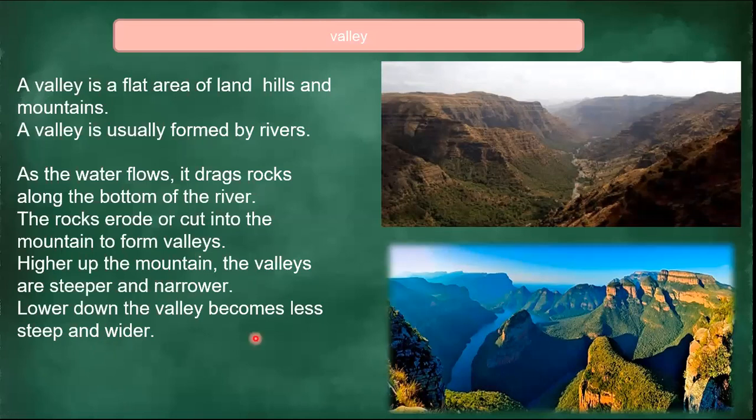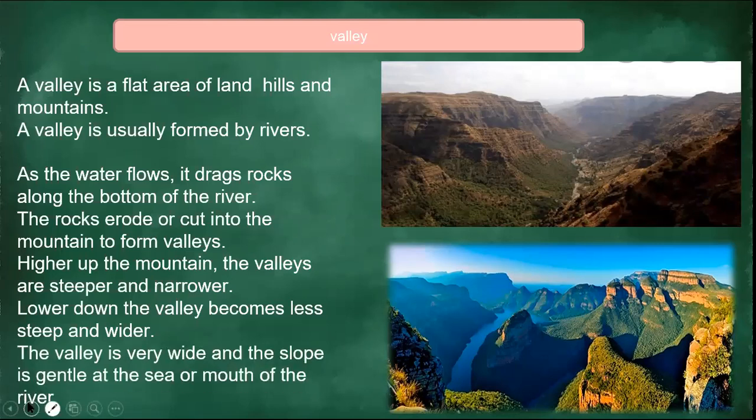If you are standing here, you will see that it is not that steep. It is actually wide, and less steep. The valley is very wide and the slope is gentle at the sea or mouth of the river.